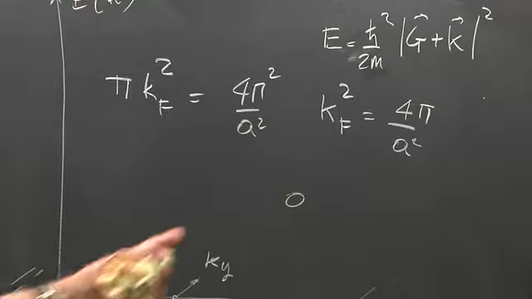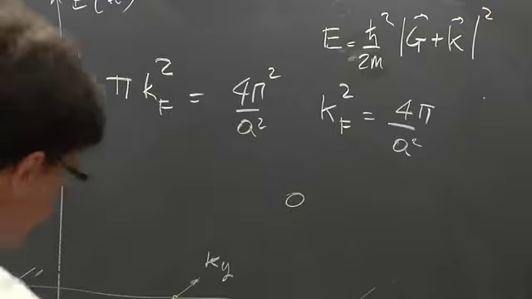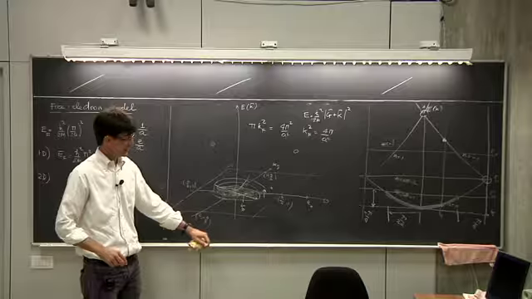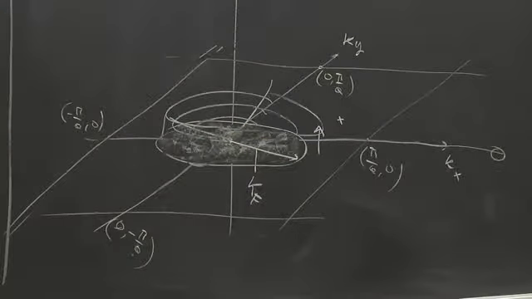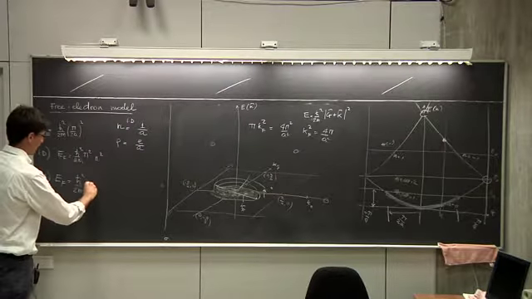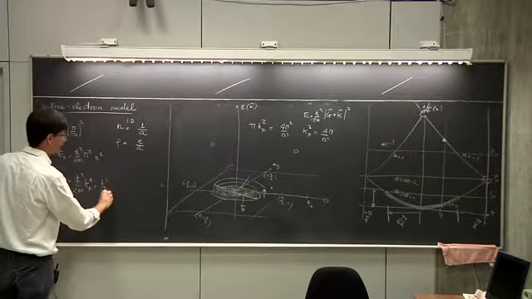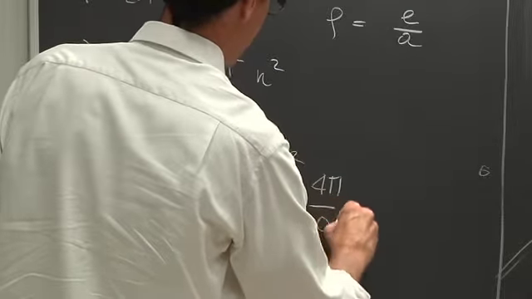Why do I keep Kf squared? I don't even take the square root. Because when I want to calculate the height of the parabola at that point, from the ground, from the bottom, I just need k squared, right? It's h squared over 2m kf squared. So in 2 dimensions, the Fermi energy is h squared over 2m kf squared, or h squared over 2m 4 pi over a squared.